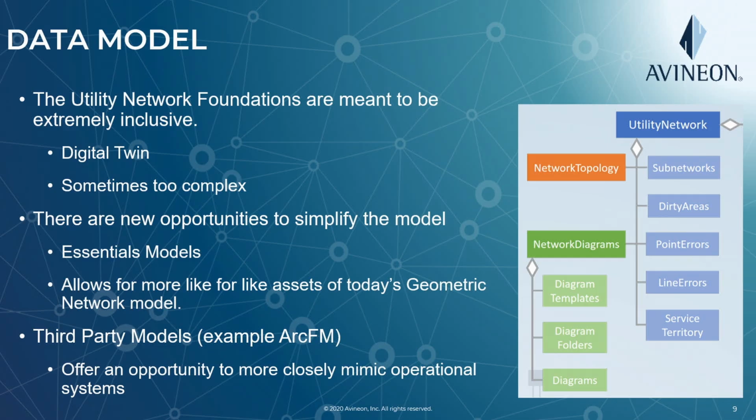But last year, Esri did a fantastic job of simplifying that. They released the Essentials model, which is a light version of the utility network to help get you the base functionality you need as a potentially smaller organization with a lot less effort. One thing to remember is that there are different data models for each different utility.